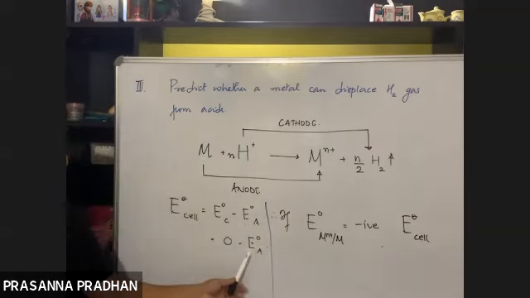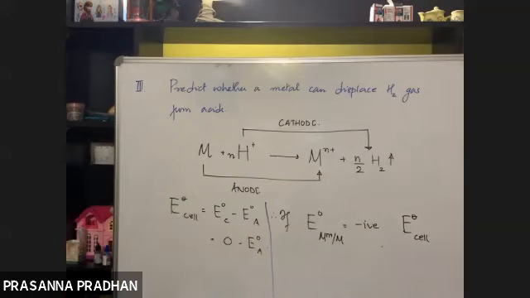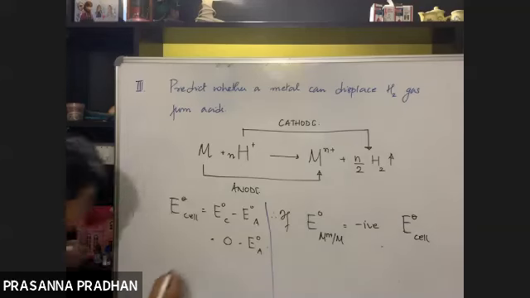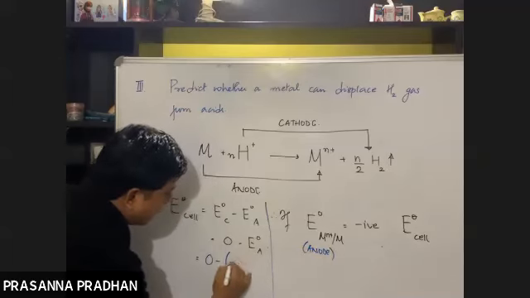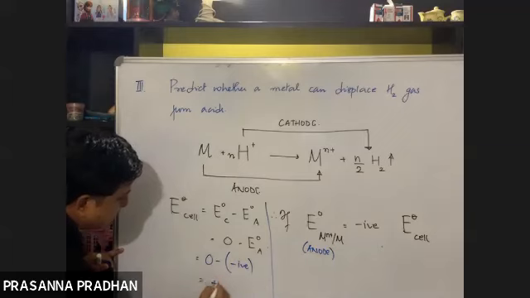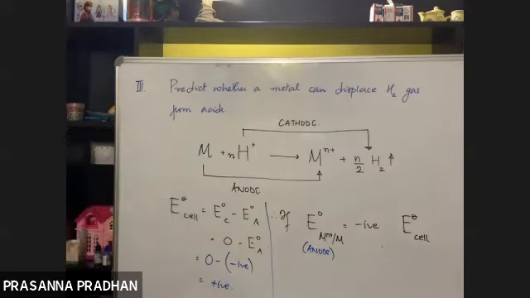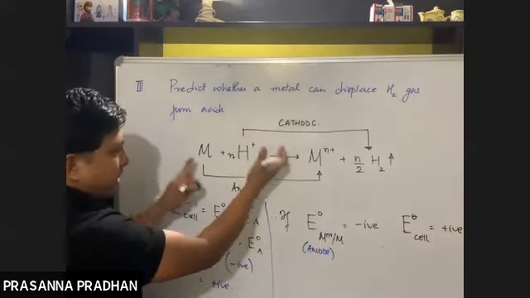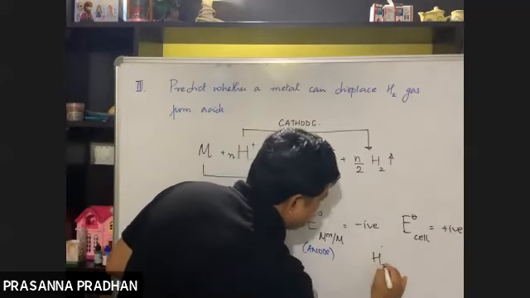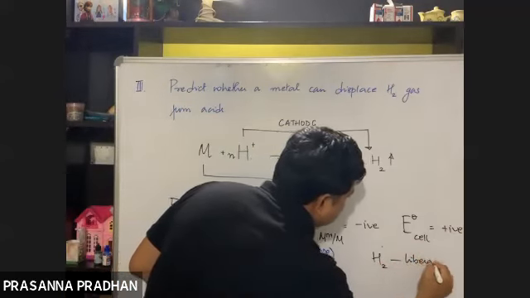If the reduction potential value of this anode is negative, what will be the value of E naught cell? Positive. If this value is negative, then our answer will come positive. So E naught cell will be positive. Positive means this reaction will occur. That means hydrogen will be liberated.